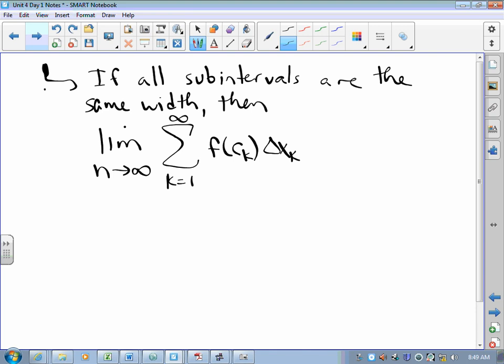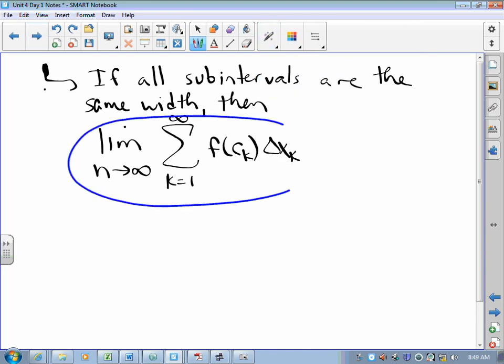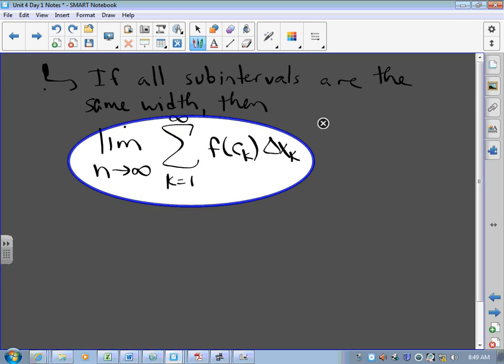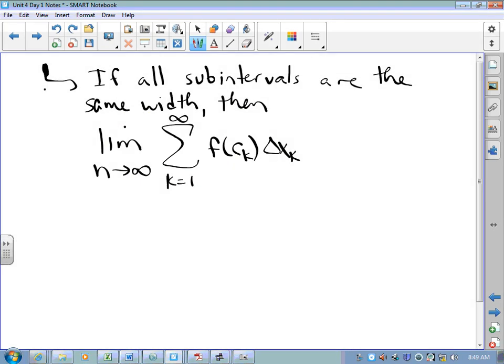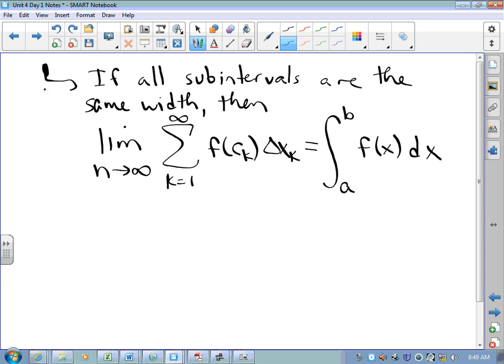If this limit goes somewhere, if I take more and more rectangles, they're thinner and thinner, and that sum goes somewhere, then that is the definite integral from a to b of f of x dx. And that is the familiar notation to you. By the way, the theory goes, all continuous functions are integrable. All of them.